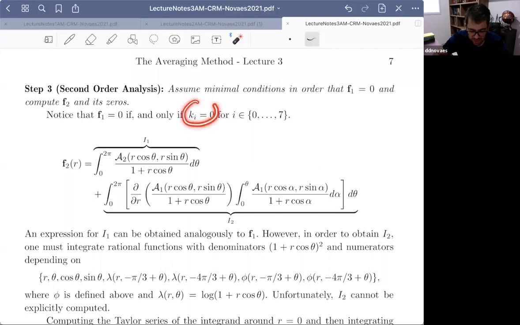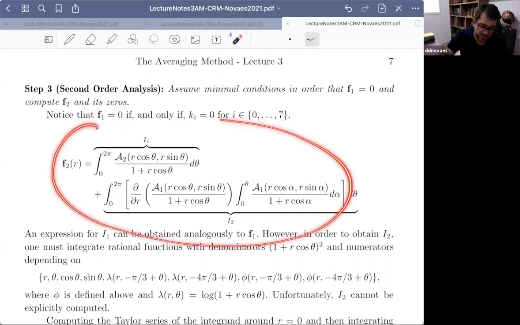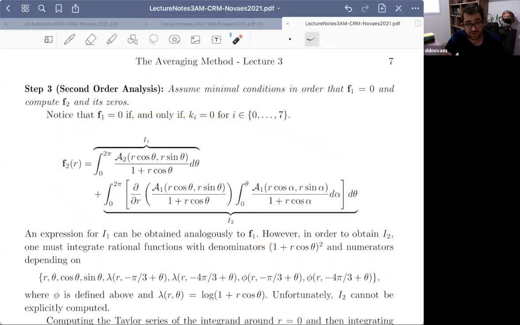So assuming conditions on the perturbation in order that F1 is equal to 0, we compute the second order average function. In this case, the second order average function can be decomposed into integrals.